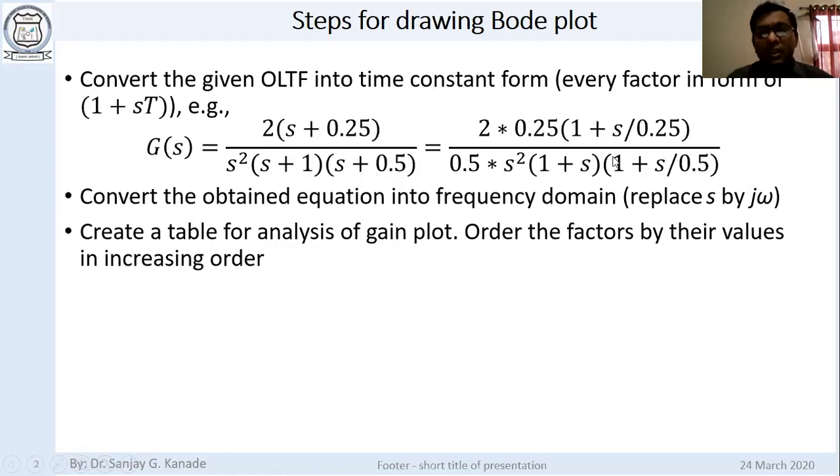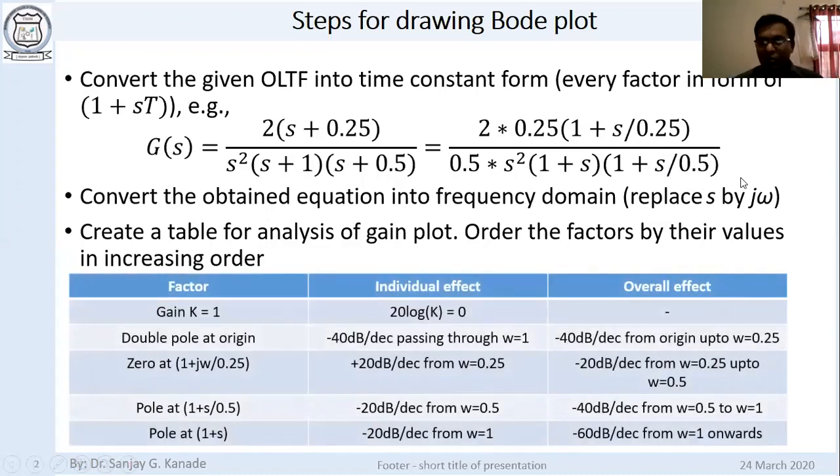Then the next factor is a zero at this location, 1 plus s upon 0.25. Then a pole at 1 plus s upon 0.5, and then a pole at 1 plus s. I am sorting them in ascending order like this.